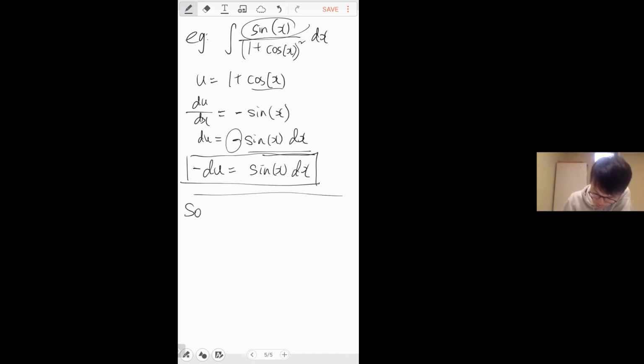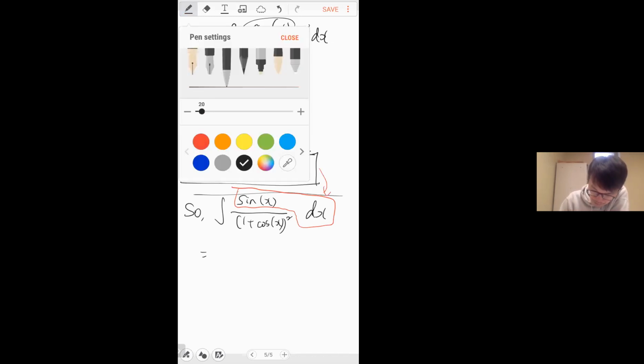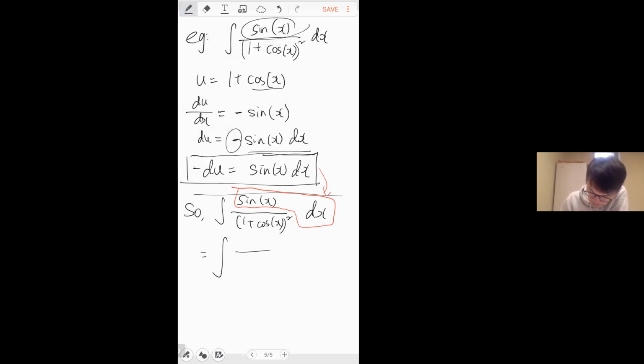Okay, so the original integral becomes the following. Sine of x times dx, I need to replace by negative du. So negative du.